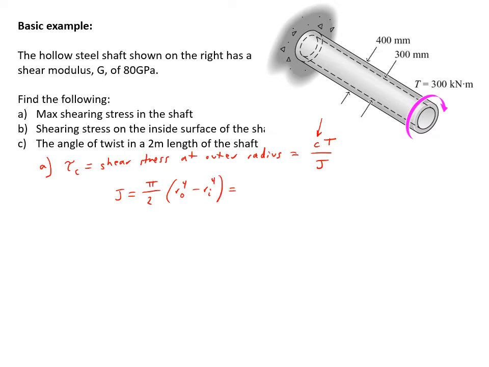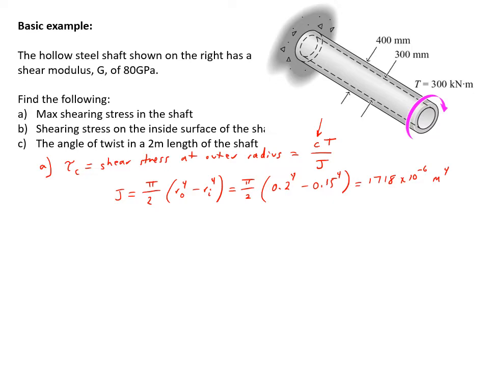In this case, pi over 2 times the outer radius, 0.2 meters, to the fourth, minus the inner radius, 0.15 meters, to the fourth. That's going to give us 1718 times 10 to the minus 6th meters to the fourth.